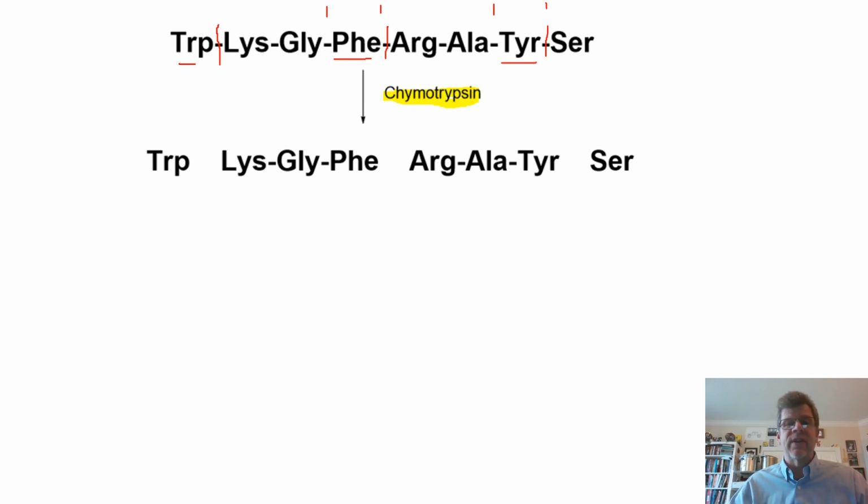Now, interestingly, there's a couple ways we could ask a question here. If we look at the 8 amino acid peptide up top, we could ask which bonds will get hydrolyzed by chymotrypsin, and we already saw those. Or we could ask how many fragments would form as a result of treating this 8 amino acid peptide with chymotrypsin, and that would be a different answer.